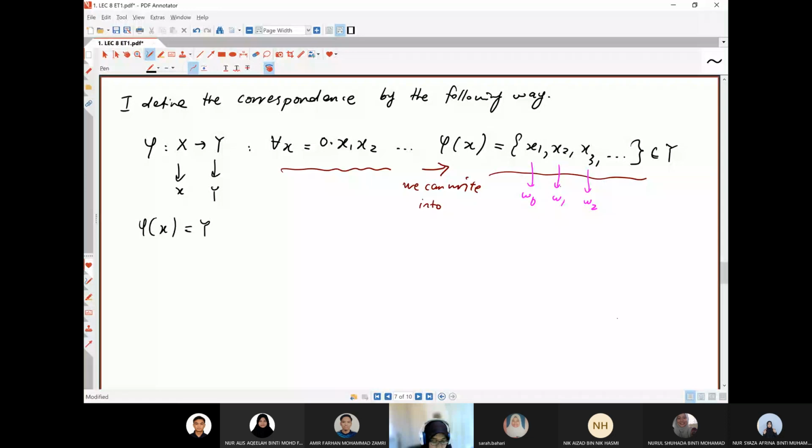So the image of phi(x) is given by this. We want to match it with the sequence omega 0, omega 1, omega 2, because this is in Bernoulli. So we change the position, we want it in the form of a sequence like this. That's why you have this kind of one-to-one correspondence.